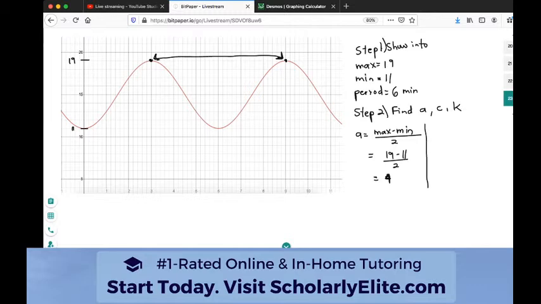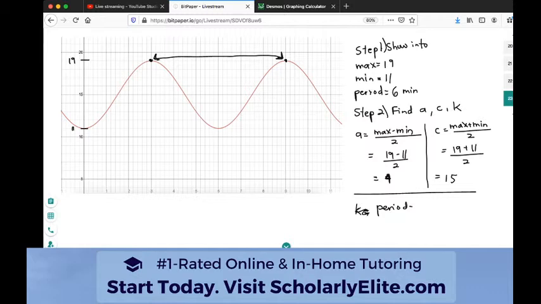Then we've got our C term, kind of the same thing, max plus min divided by 2. And that's going to be 15. And then our k term, which is going to be, oh, actually we need to write it like this, period equals 2 pi over k.